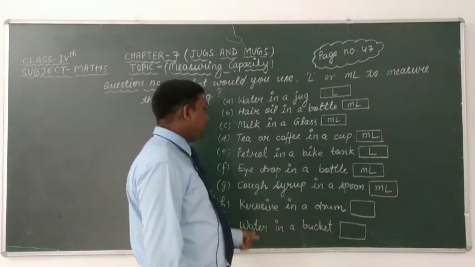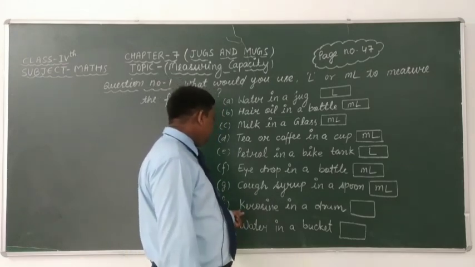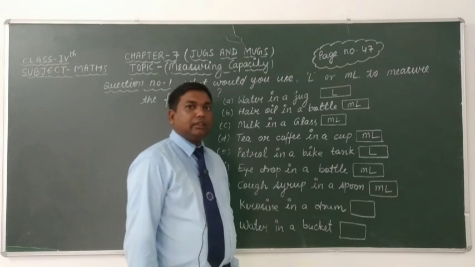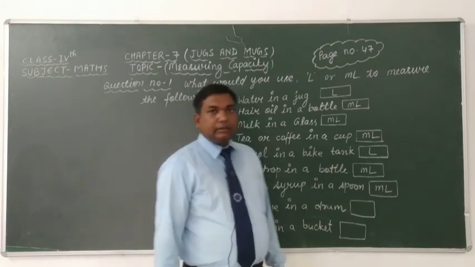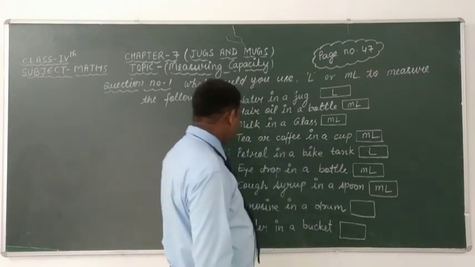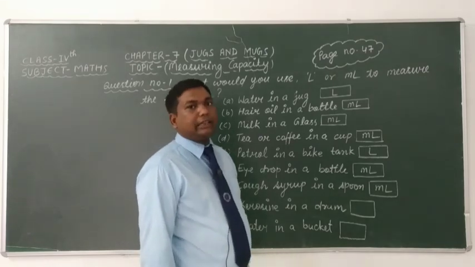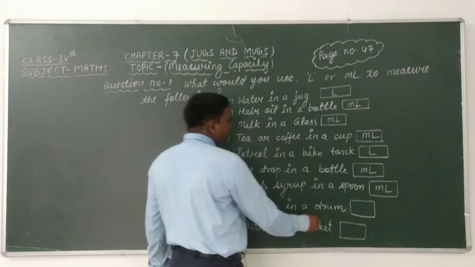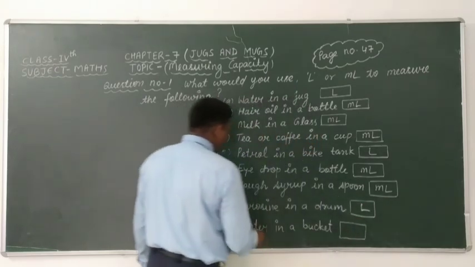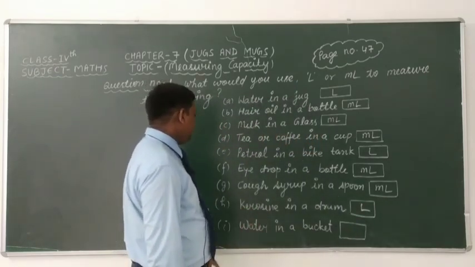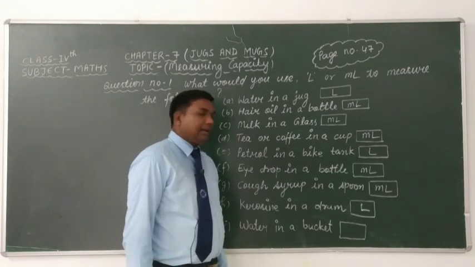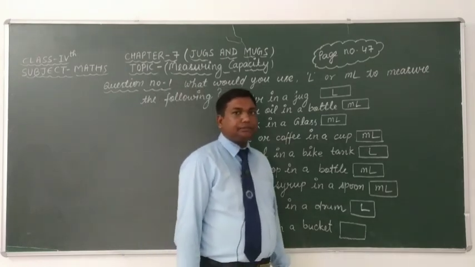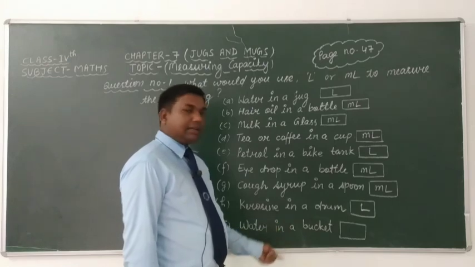Okay, kerosene in a drum. Here given is kerosene in a drum. We know that a kerosene drum has larger quantity. Therefore here we use liter for measuring kerosene in a drum. Okay, water in a bucket.